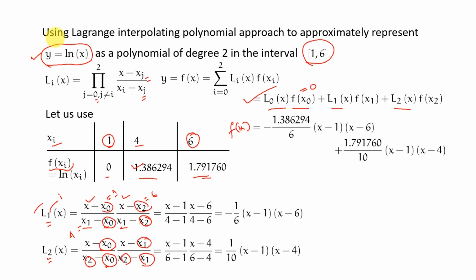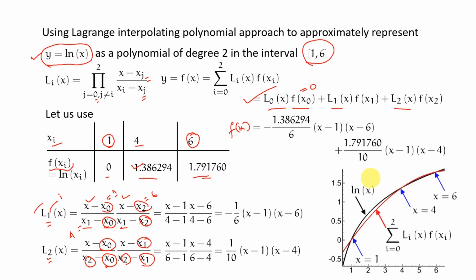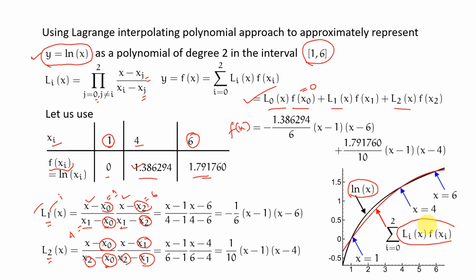Is this really close? How close is it? To check it, at least what you can do is look at a qualitative plot, and this is going to be the plot. Here you see that this black line is y equals ln x, and this red line is the polynomial interpolation of it. We have taken only 3 points: x equals 1, x equals 4, and x equals 6.